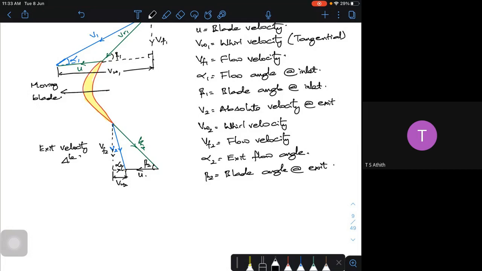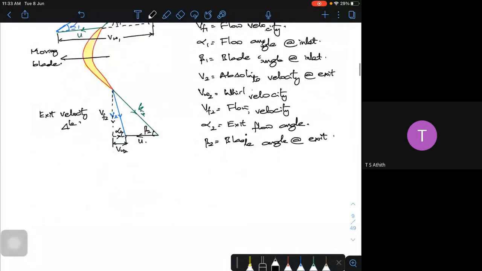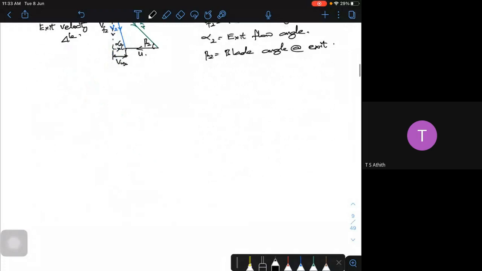And from the Euler equation, which you have studied in your turbomachines course, from Euler's energy equation, the work done per mass, W by M, also E, is given by VW1 into U1 minus VW2 into U2.